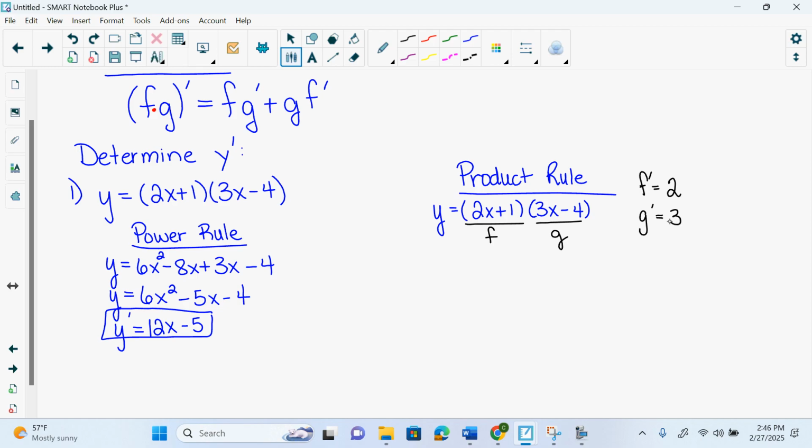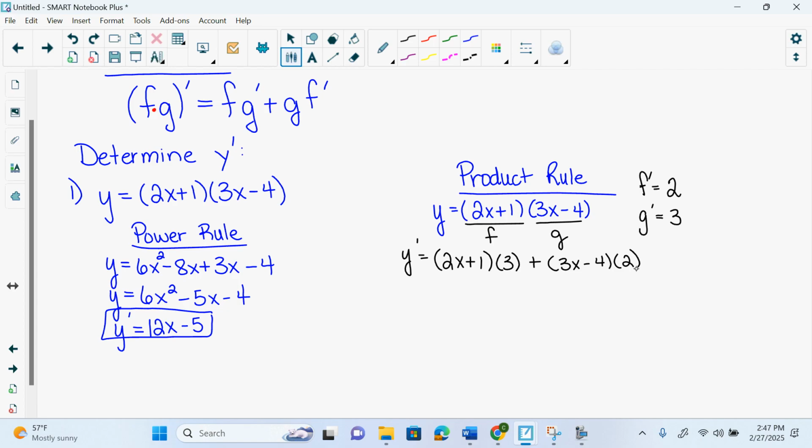And now I just use my formula. So y prime equals f, which is 2x plus 1, times g prime, which is 3, plus g, which is 3x minus 4, times f prime, which is 2. And then I expand them and collect like terms. So this one you start the derivative right away.